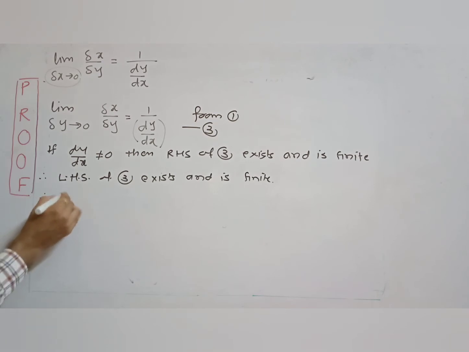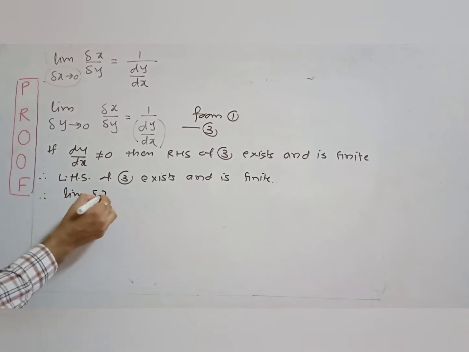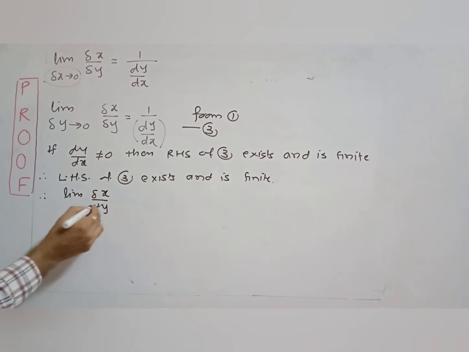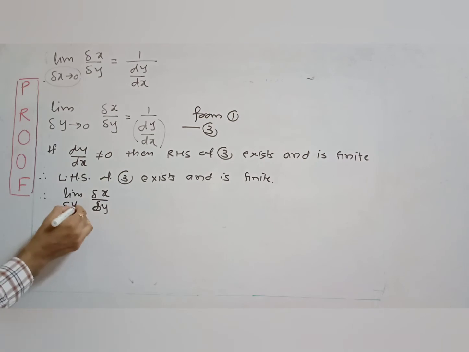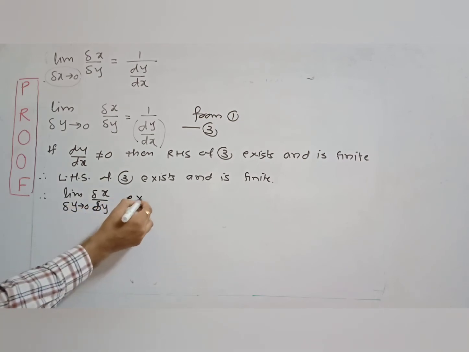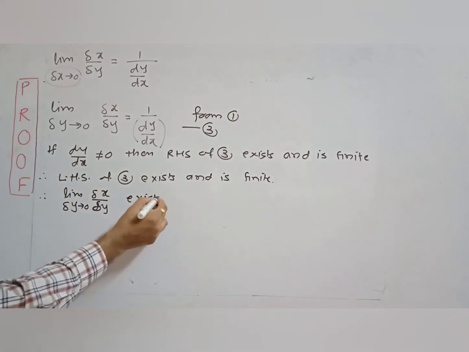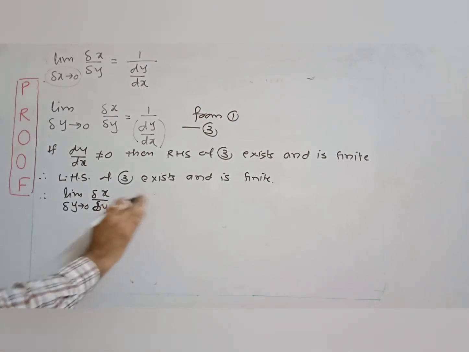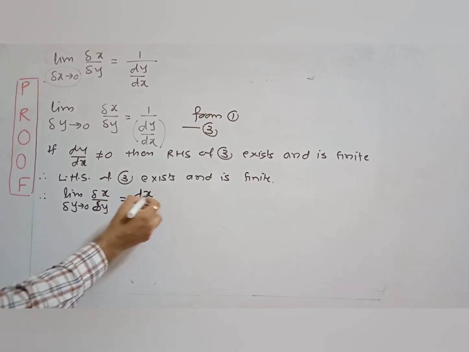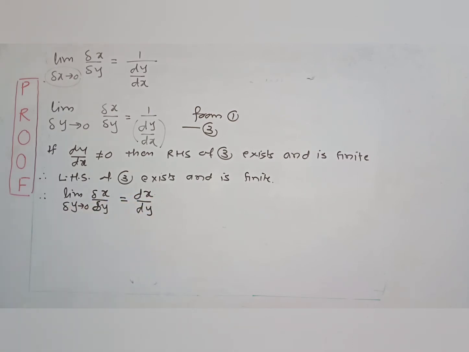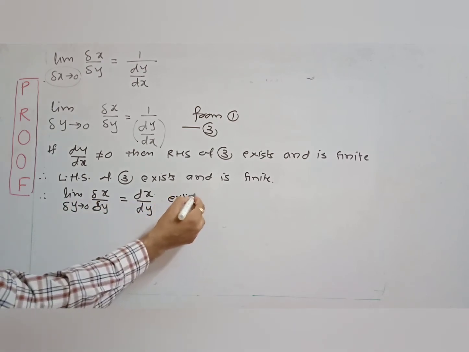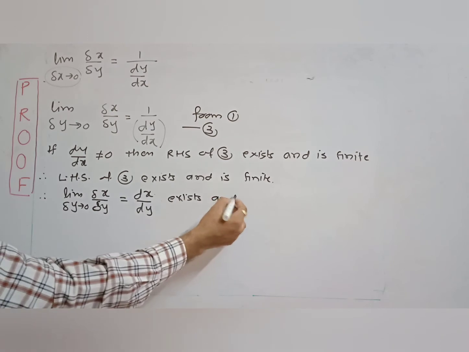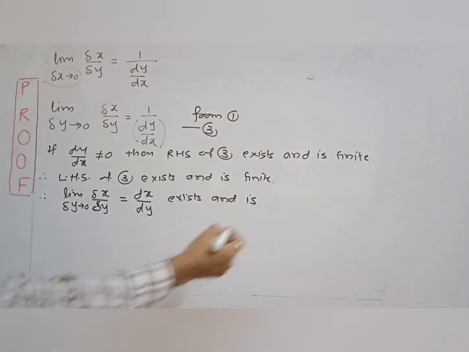Therefore, limit delta x by delta y as delta y tends to 0 exists and is finite. At the same time, it is equal to dx by dy.